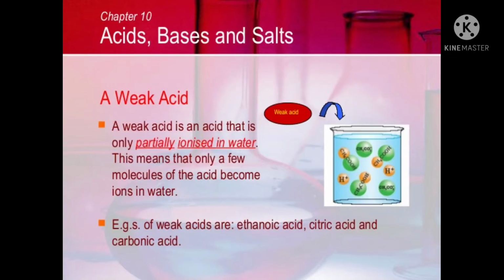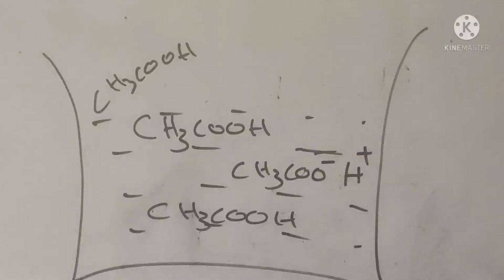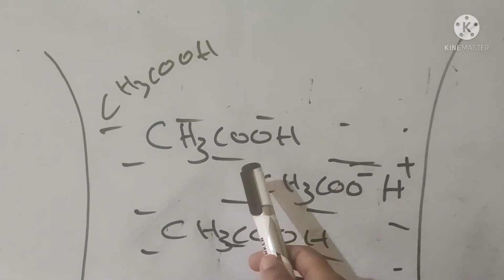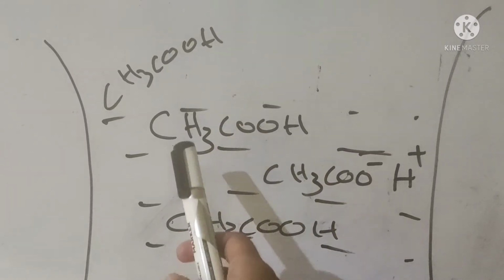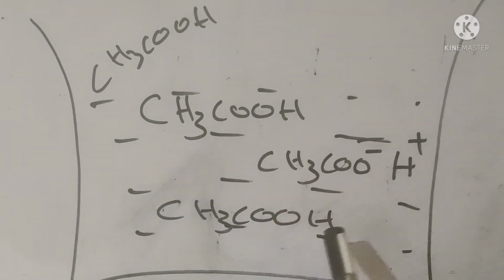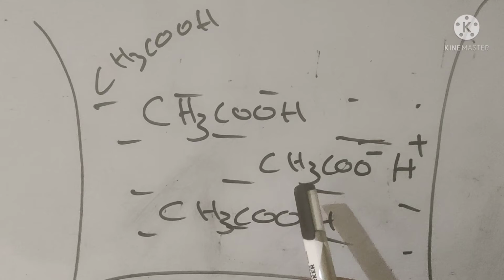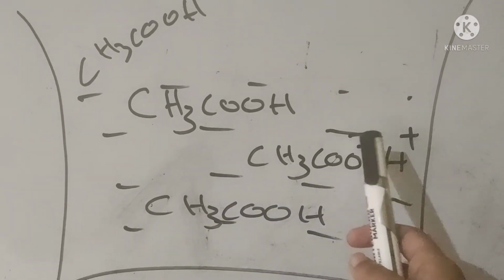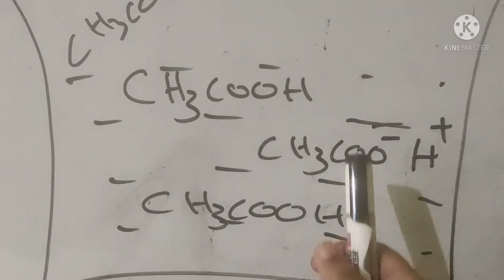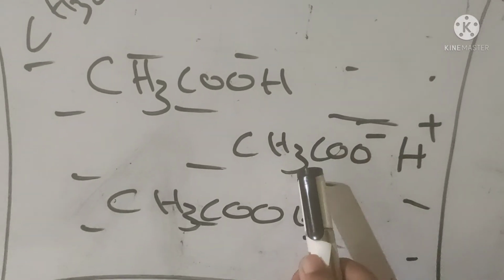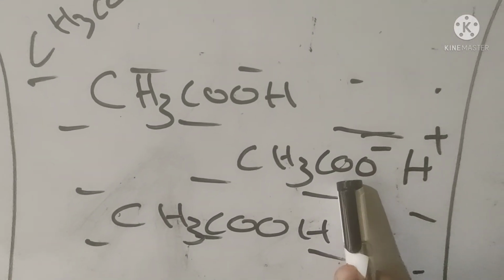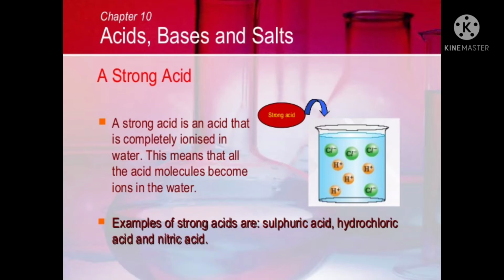A weak acid is an acid that is only partially ionized in water. For example, acetic acid is a weak acid. In water, it gets partially ionized. That means only a few of the acetic acid, CH3COOH, is ionized as CH3COO minus and H plus.